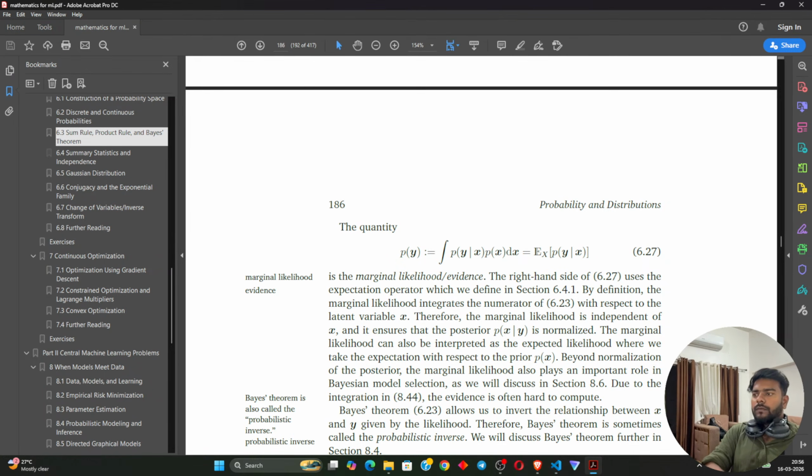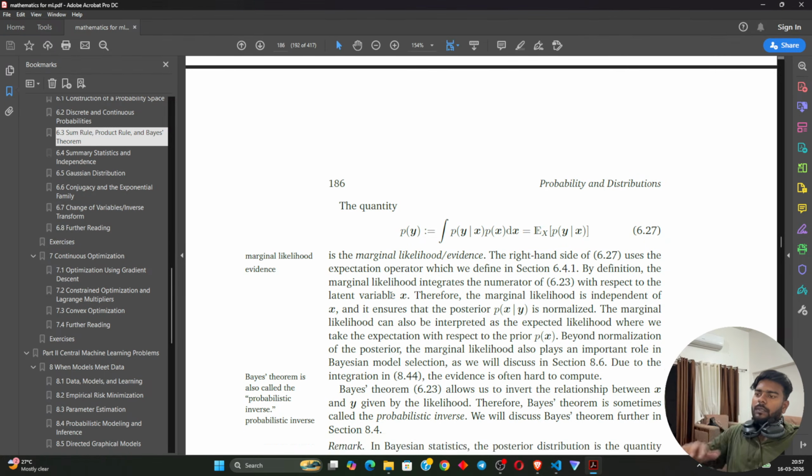The right-hand side of this uses the expectation operator, which we define. The marginal likelihood integrates the numerator of this with respect to the latent variable x.